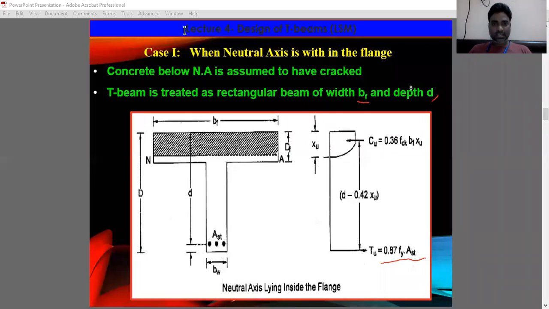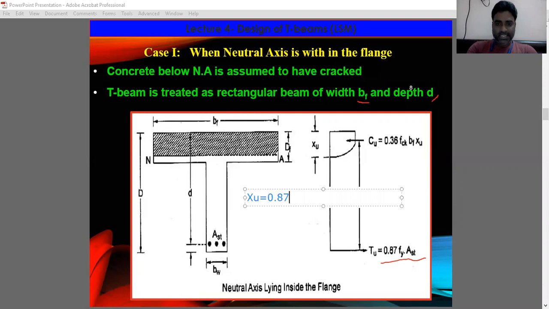So xu becomes 0.87 fy into Ast divided by 0.36 fck into bf, that is the effective width of the flange. So from this you can calculate the actual depth of neutral axis.